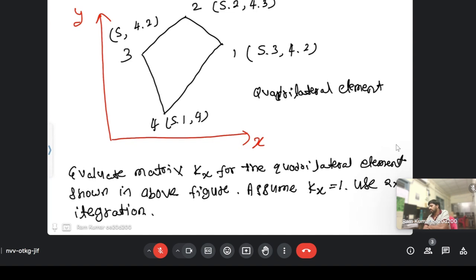So we have to find the B matrix. I am just saying we have a 2D element and I want to find the stiffness matrix for that element, so what should I do? Should I use volume integration or area integration?